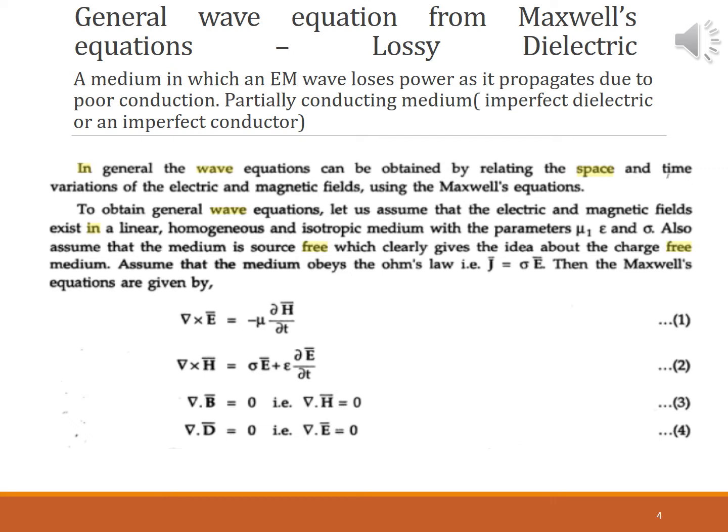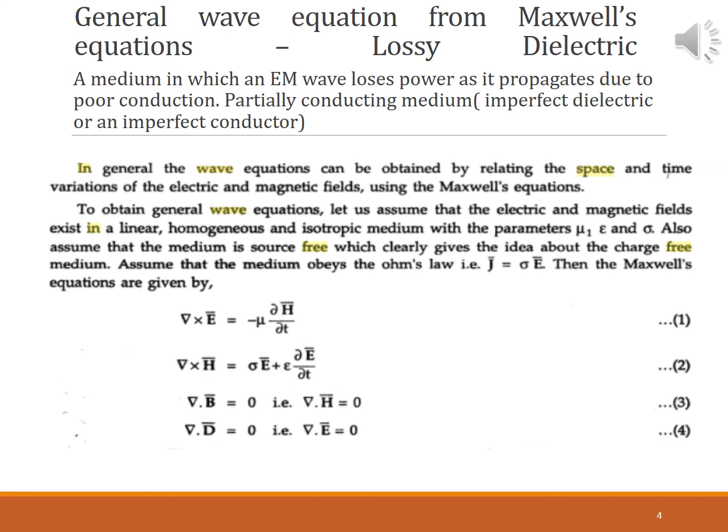Now we're going to start with the derivation. Some introductory statements are written, some of which I've already gone through with you. In general, wave equations can be obtained by relating the space and the time variations of electric and magnetic fields using Maxwell's equations. When you write a wave equation, it relates the space and time variations.